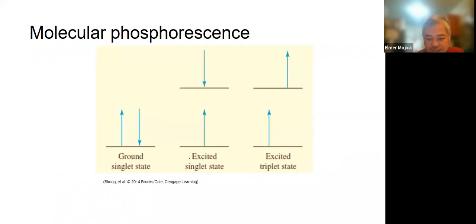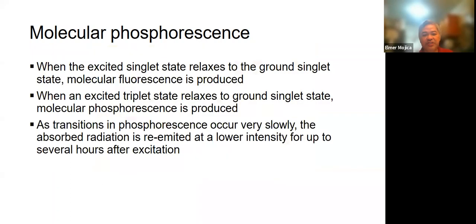So remember here, okay? This is the singlet excited state, and this is the triplet excited state. Phosphorescence happens when an excited triplet state relaxes to a ground singlet state, compared to molecular fluorescence, where a singlet state relaxes to the ground state.